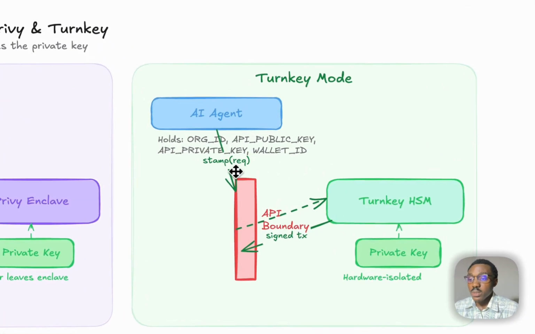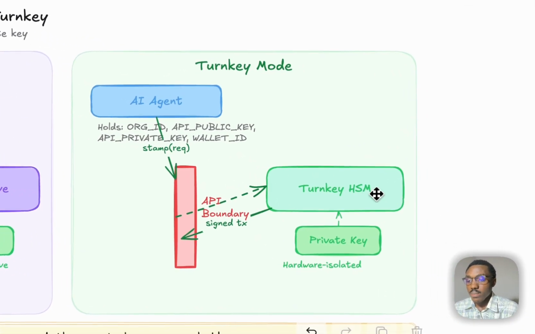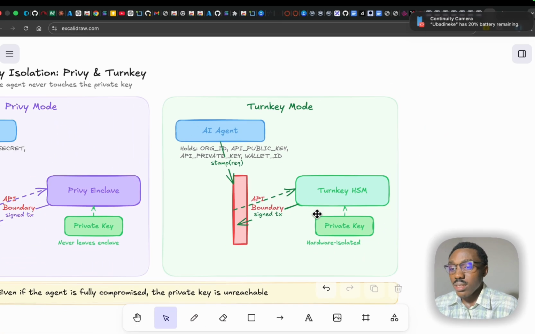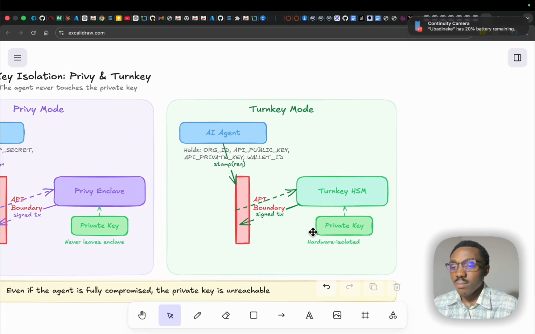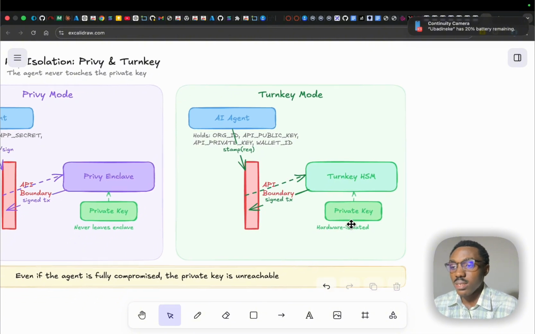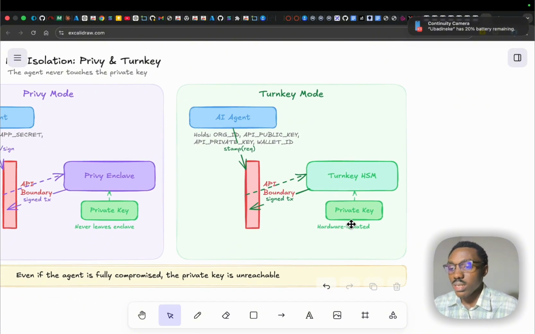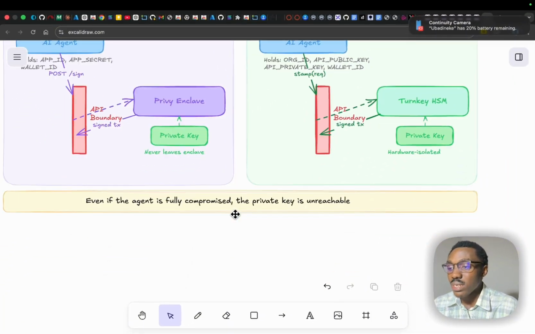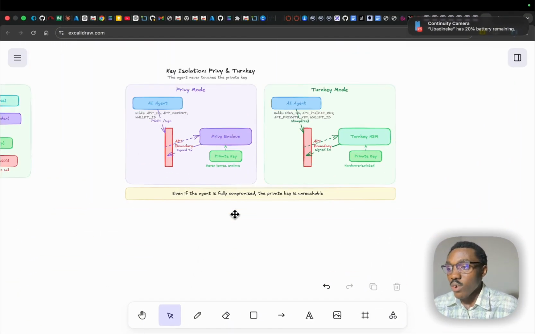You send a stamped request to Turnkey's HSM, which in turn sends you a signed transaction. So the private key never leaves the Turnkey HSM, still hardware isolated. We just send a request and they authenticate and sign on our behalf. So even if the agent is fully compromised, the private key is unreachable. And that is the essence of what we built here.